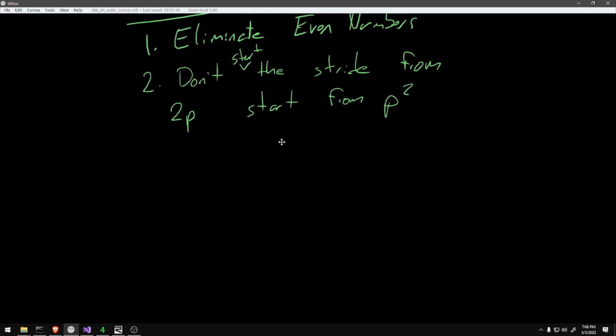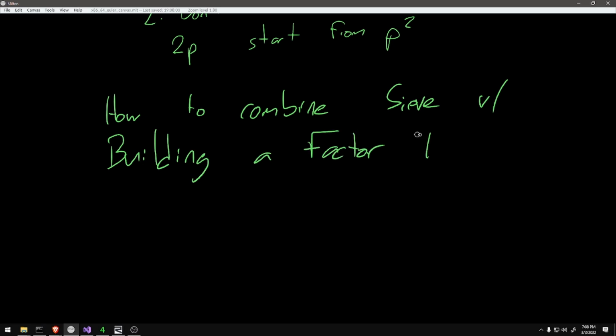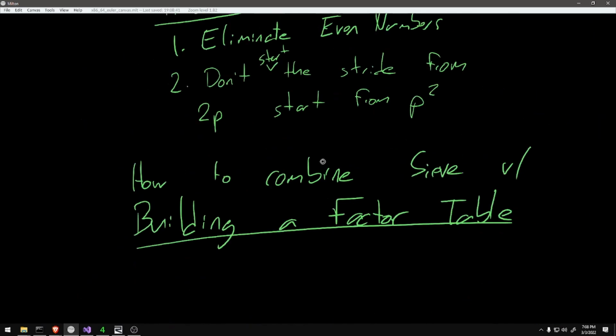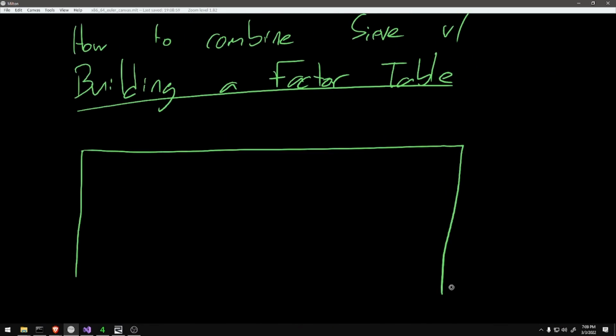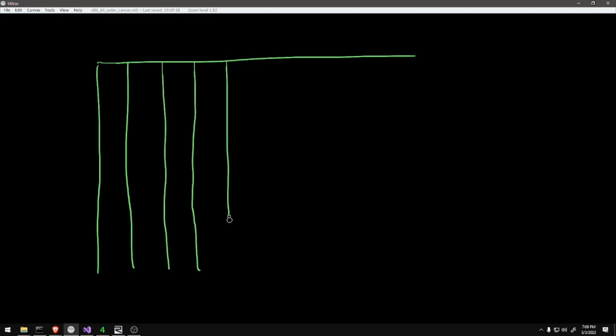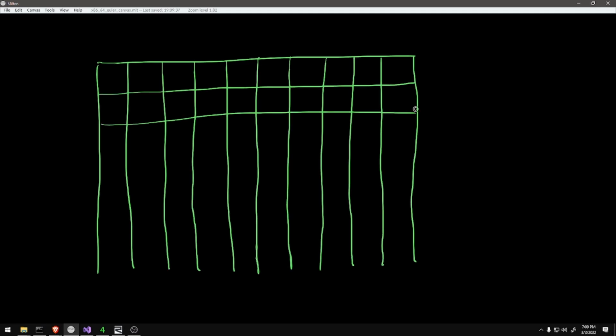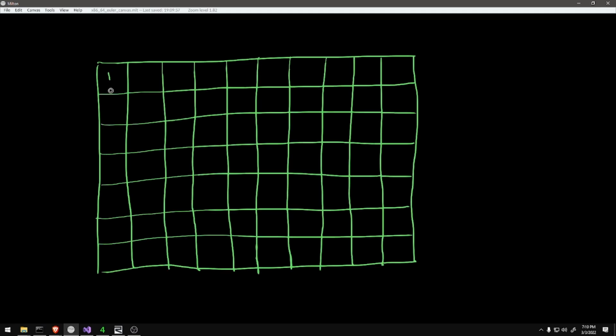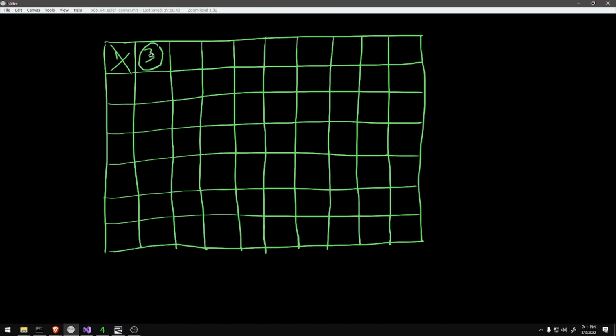So my idea for a factorization table was to use that same idea of a sieve where you take a number that you know is prime and you mark it off in a table, except instead of just marking things off in a table, I would actually store into the table what multiple I found, what prime factor I found for that slot. So for instance, when you find 3, you're not just marking off all those slots, but you're putting 3 in all those slots.